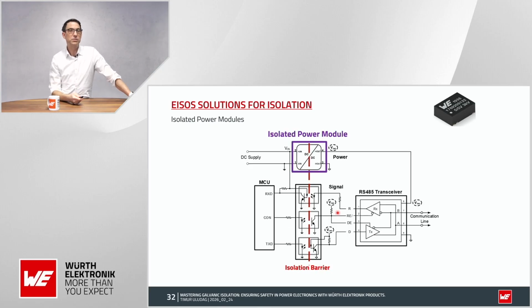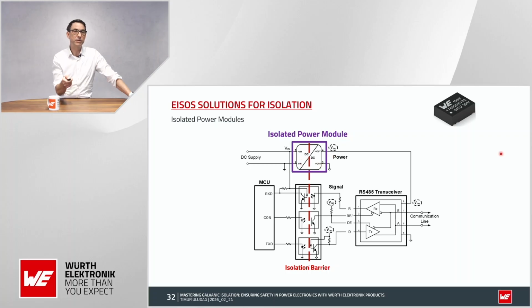Where do we use an isolated power module? Here, the isolated power module is used to set up an isolated RS485. As you can see, we have got here the optocouplers that make the signal isolation, and the power module here is used to make the power isolation.